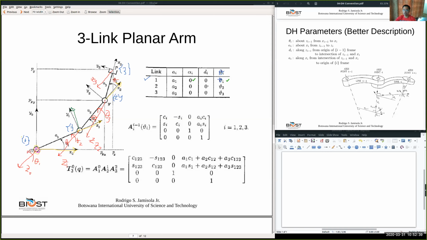The distance along this axis from the origin of frame 0 to the intersection of x1 and z0 is 0. Oh, sorry, d1 is 0. Let's undo that. d1 is 0.